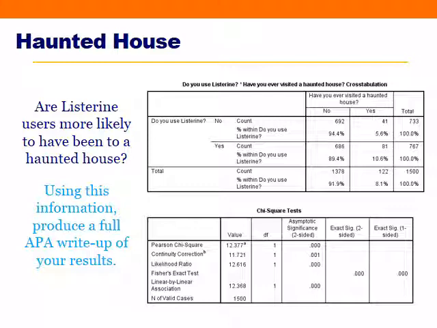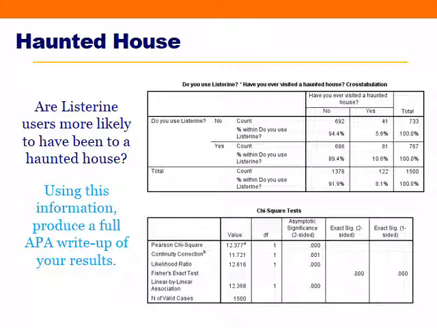However, we still don't know if that's a statistically significant difference until we look at the results of the Pearson chi-square test in the bottom table. For this study, our Pearson chi-square statistic would round to 12.38 with 1 degree of freedom, and our p-value is extremely small.